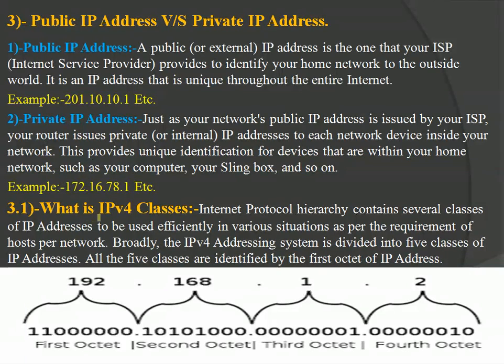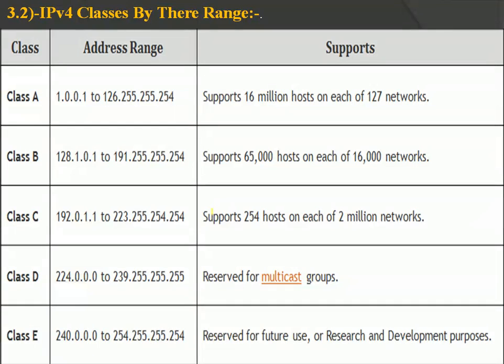So guys, what are IP version 4 classes? By their capacity, the classes are categorized in 5 parts in IP version 4, known as class A, class B, class C, class D and class E. So guys, let's see what their ranges are. The first one is class A. The range is 1.0.0.1 to 126.255.255.254.